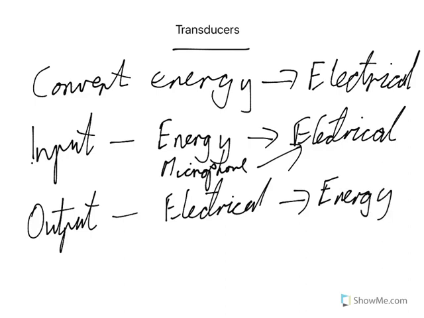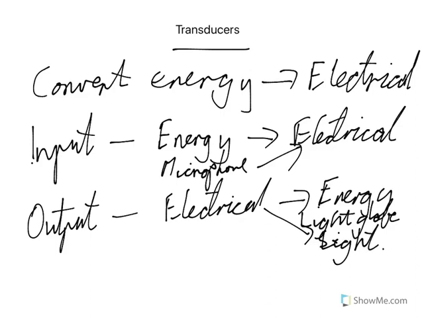Say if you were talking about a light globe, we'd be going electrical to sound, to light, I should say, not sound. Alright, so transducers convert energy. So the first thing we want to look at in this topic is what we call voltage dividers.